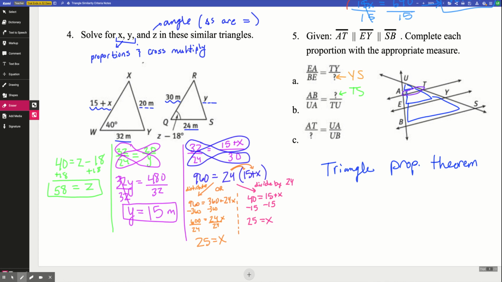Okay, so here we almost have to think of, actually I really should erase these other things. I need to think of this as the individual triangles that you see inside of the picture. That's going to help us solve this one. So the fraction that I have that's whole is UA, so it's this side over UB.